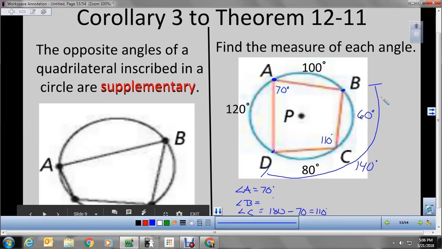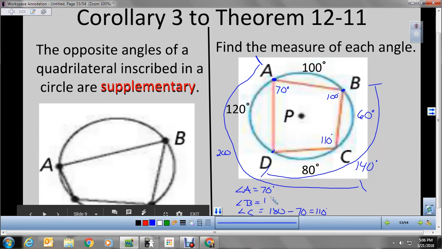Now, this measure from angle B, it opens up to A, and it opens up to C. So if we draw our arc all the way around, it doesn't have to be pretty, mine's not, it means we have to know the measure of A to D and D to C. So we know this is 120, this is 80, which means it's a total of 200. And half of 200 would be 100.